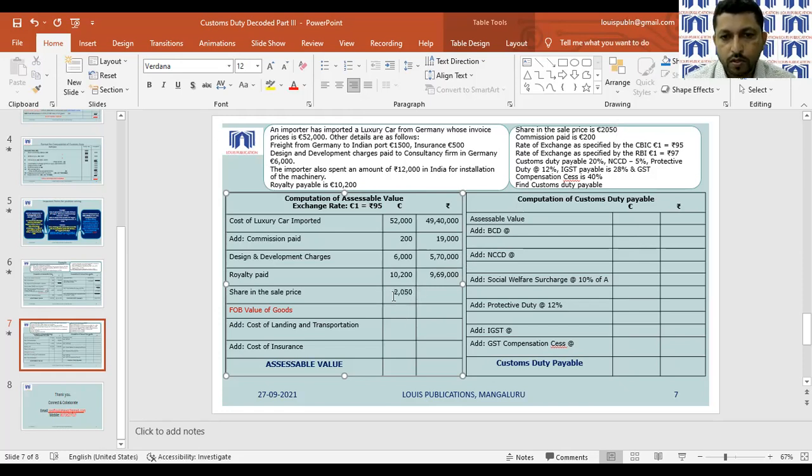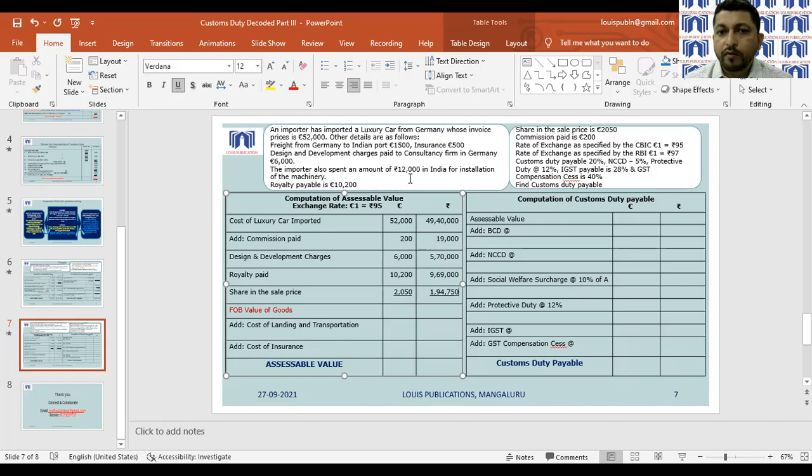So 2,050 euros multiplied by 95 will give you 1,94,750. So we have taken design and development charges, royalty payable, share in the sale price, and commission.